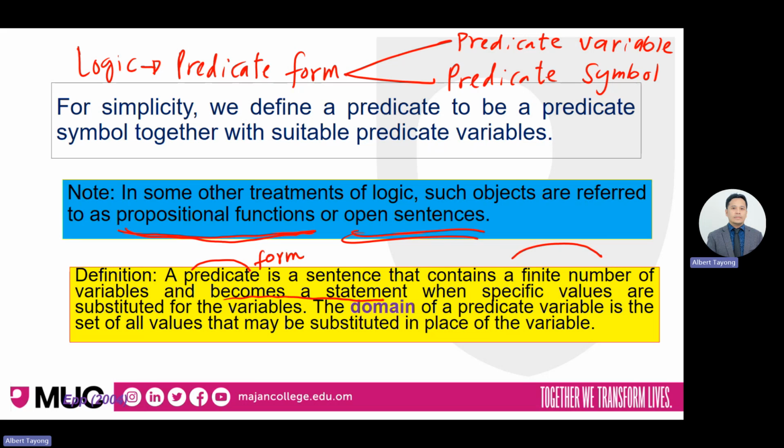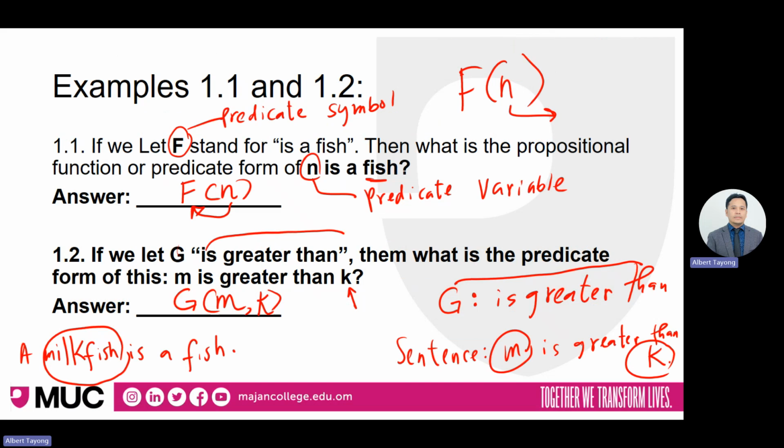Now the domain is the set of all possible values that can be substituted in place of the variable or variables. Here n is our subject, our variable, so our domain is the list of all fishes in the world.